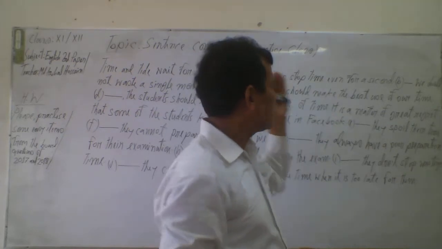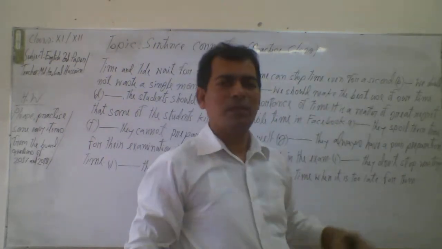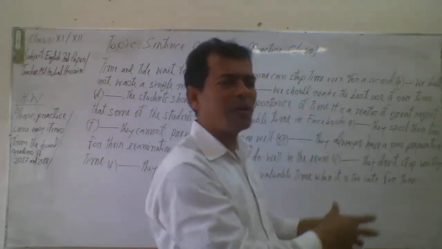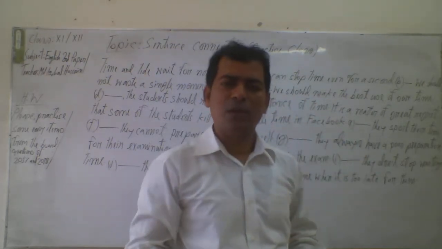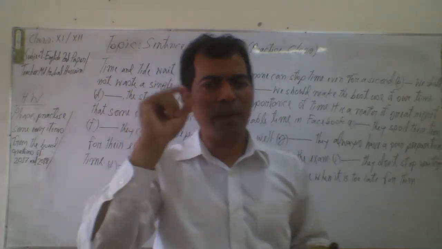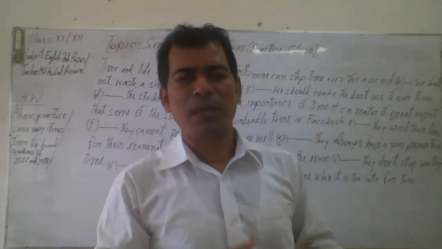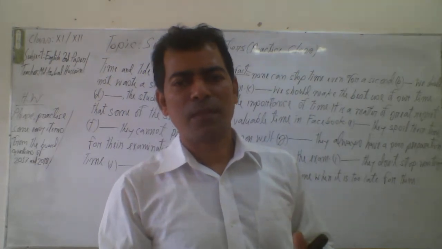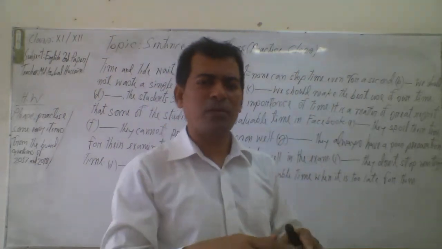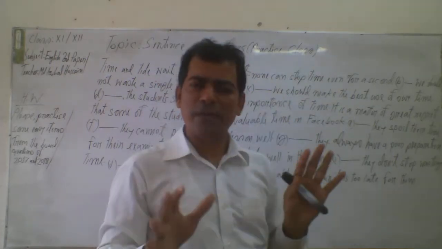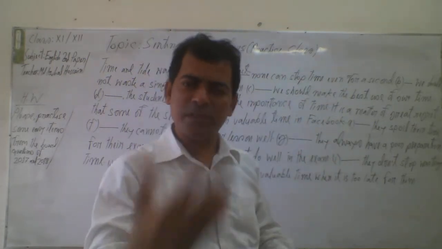Now in the second space B, what connectors can you use? The situation demands here, for this reason, and your brain automatically supplies these: therefore, for this reason, for some reason, that we should not waste our time, because we cannot stop time even for a second.